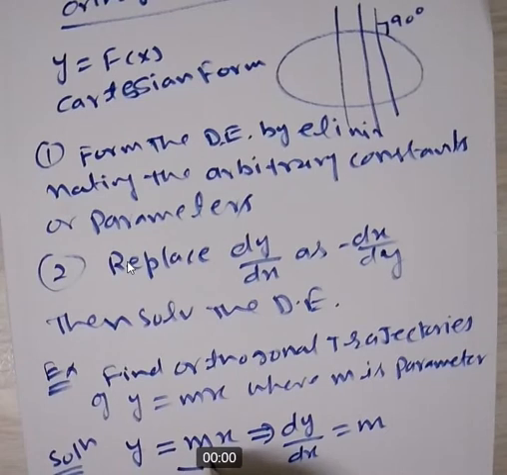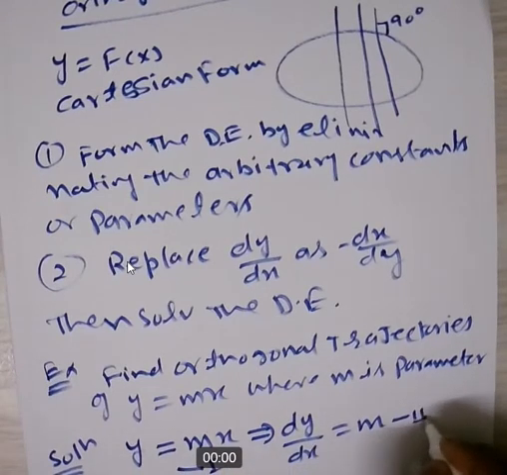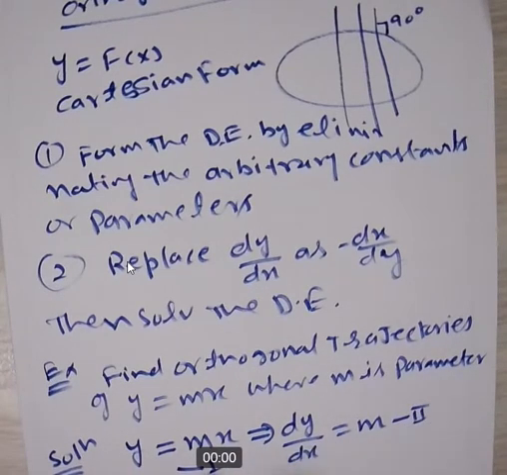Suppose this is equation 1 and this is equation 2. Now see, equation number 2 is not the formation of the differential equation because the arbitrary constant or parameter is still involved. So what you have to do is use equation number 1 and 2.